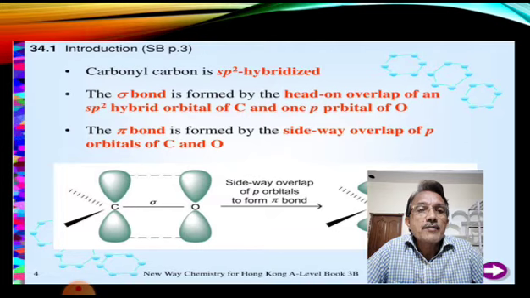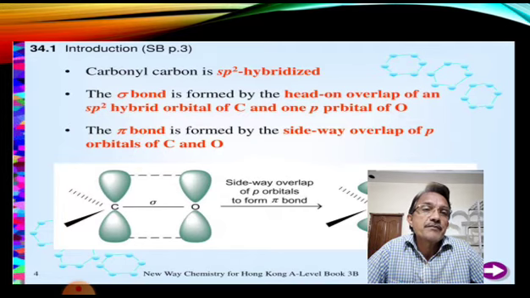Between carbon and oxygen, initially the sigma bond will be formed. After the formation of the sigma bond, the pi bond will be formed. So the sigma bond is formed by the head-on overlapping between the sp2 hybrid orbital of carbon and the p orbital of oxygen, whereas a pi bond is formed between a p orbital of carbon atom and a p orbital of oxygen atom.